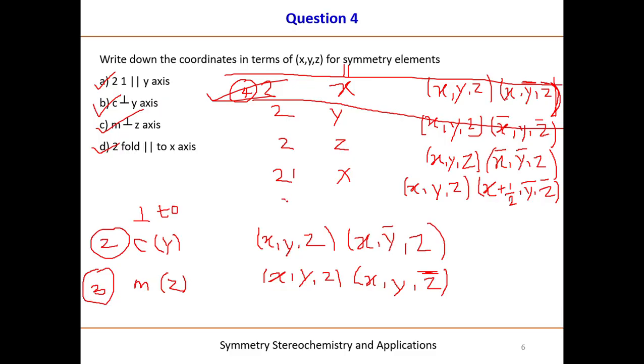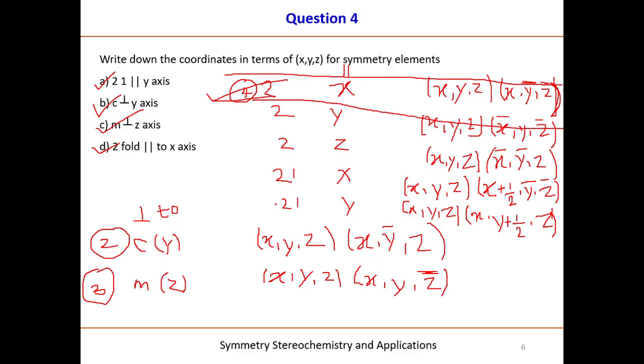If 2, 1 is parallel to y axis, in terms of xyz coordinates, the answer will be x, comma, y plus half, comma, z.